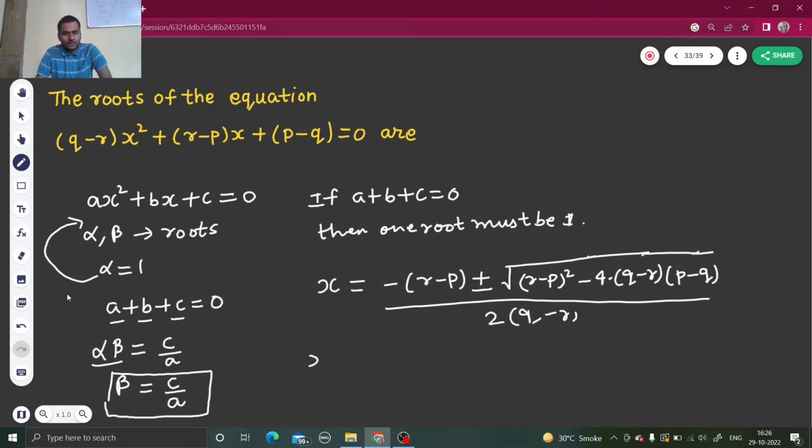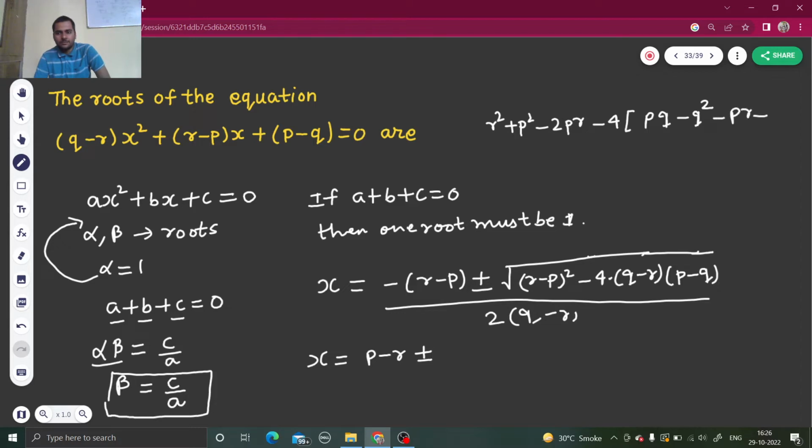Fine. So x equals to minus of this, I can write as p minus r plus minus under root. So this is r square plus p square minus 2pr, and this is minus 4 times pq minus q square minus pr plus rq. Fine.